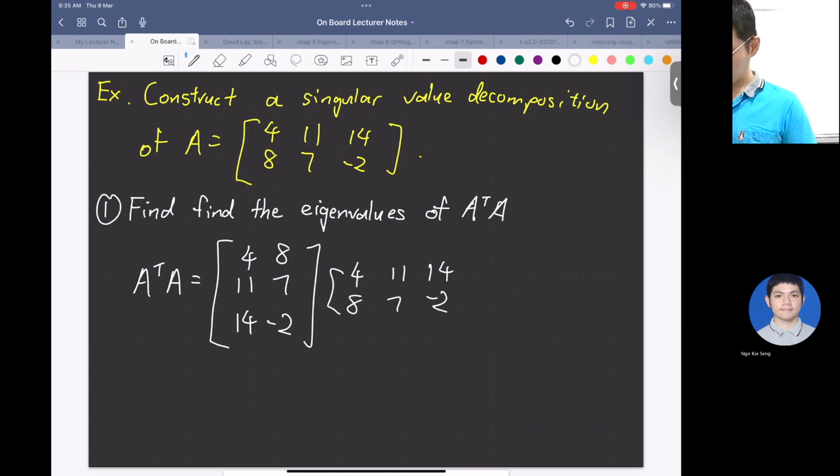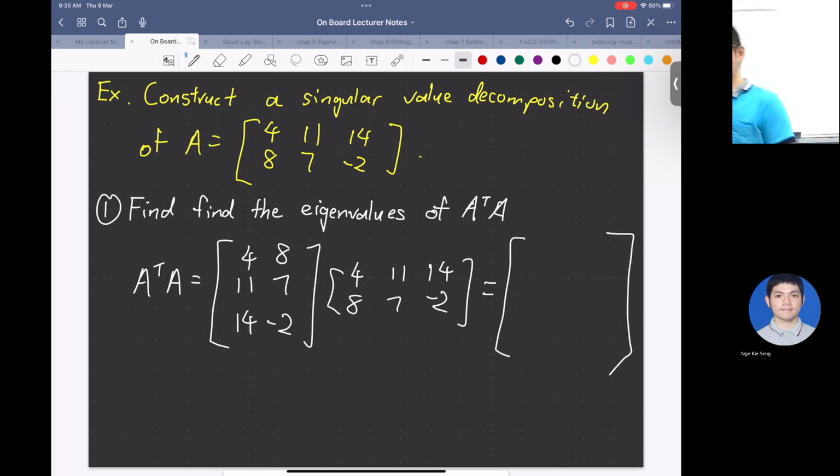A equals, 7 times 2. Okay, what's this? 16. Can you do this computation?